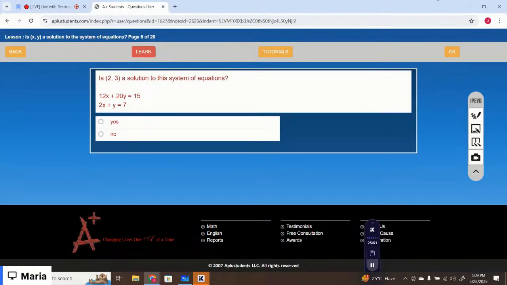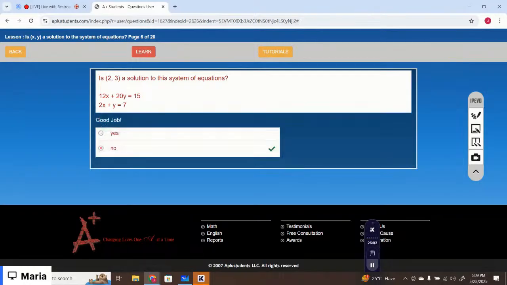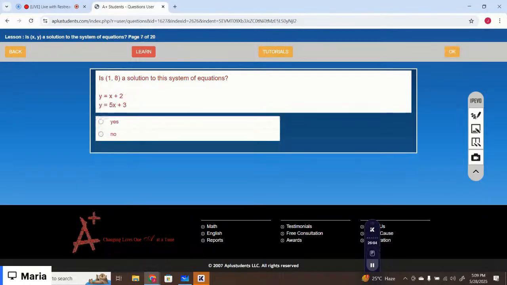The correct option is no, that is not the solution to the system of equations. Is 1, 8 a solution to the system of equations? No, that is not the solution of the system of equations.